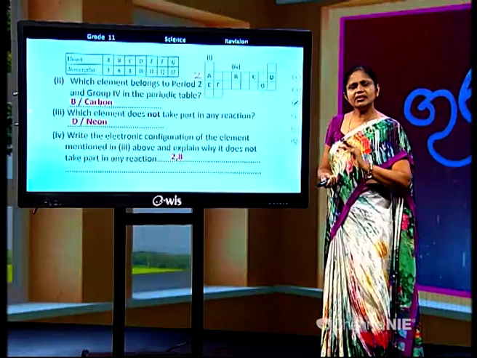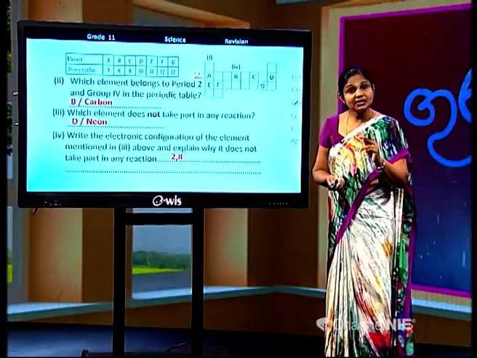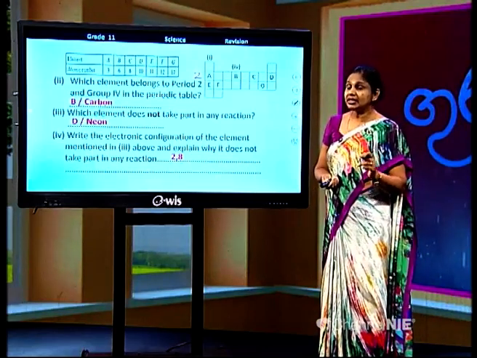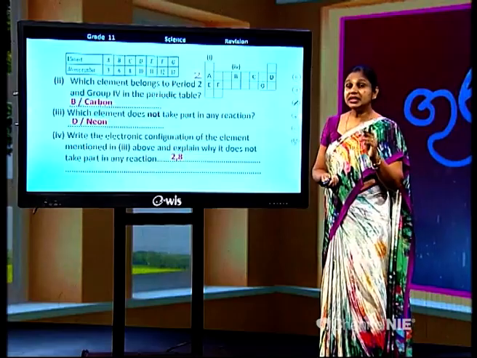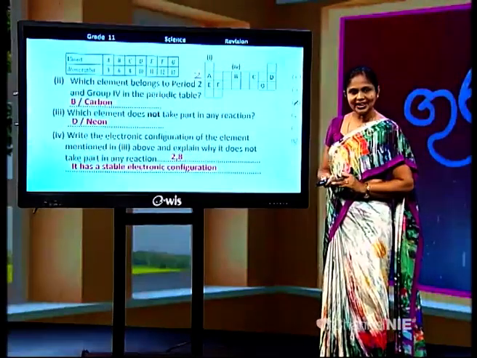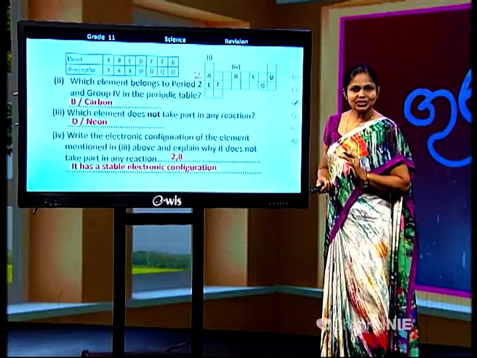Explain why it does not take part in any reaction. It doesn't react chemically with other atoms because it has a stable electronic configuration, right? Its last energy level is completed, then it doesn't like to exchange electrons with any other. That's the reason. Okay, children? Right. Then we'll move to the next question.